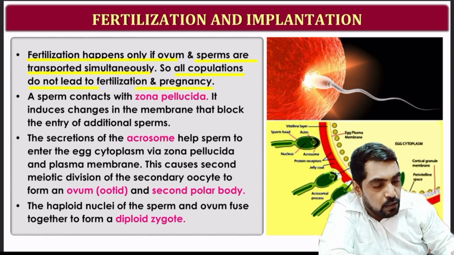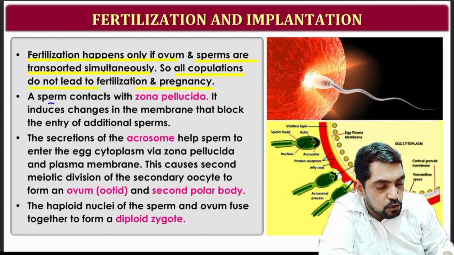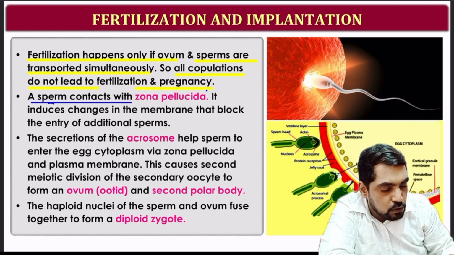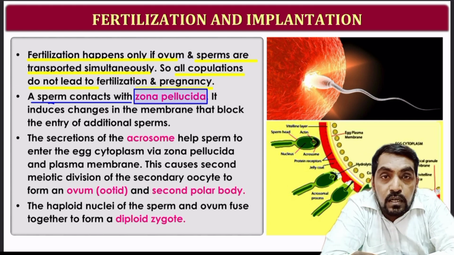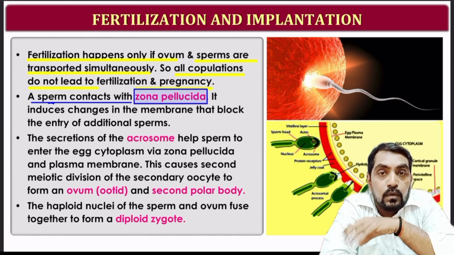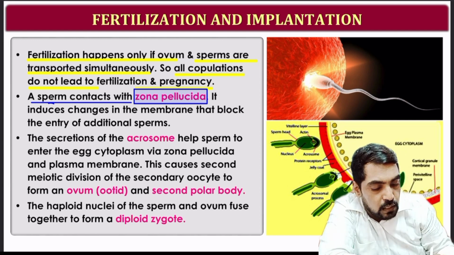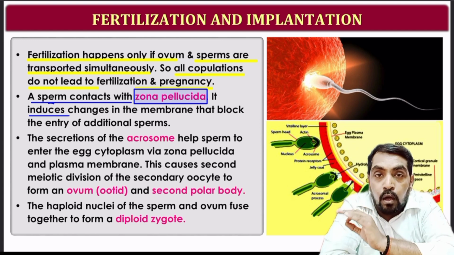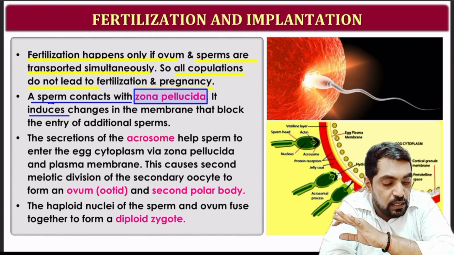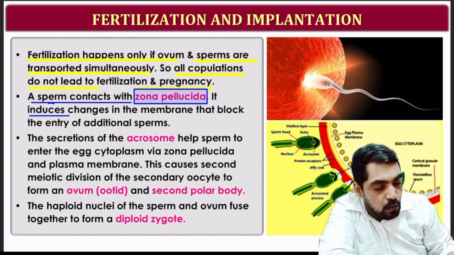A sperm contacts the zona pellucida. Now what is the zona pellucida? It is a protein layer, a covering around the egg. It is not a cellular layer; remember, it is a protein layer, not made up of cells.